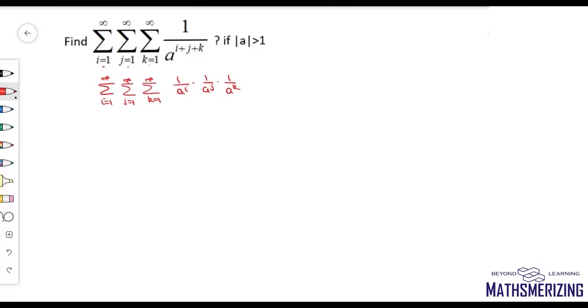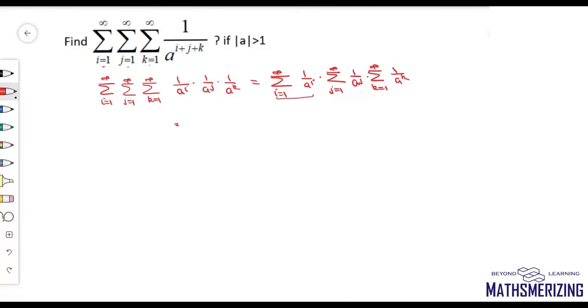So what I'll simply do is express it as summation i varies from 1 to infinity, 1 upon a to the power i, into summation j varies from 1 to infinity, 1 upon a to the power j, into summation k varies from 1 to infinity, 1 upon a to the power k.